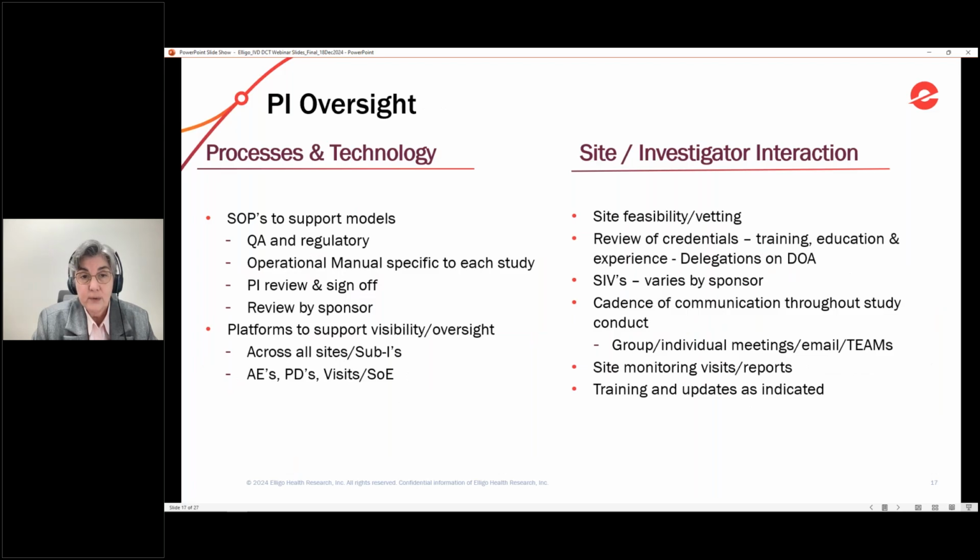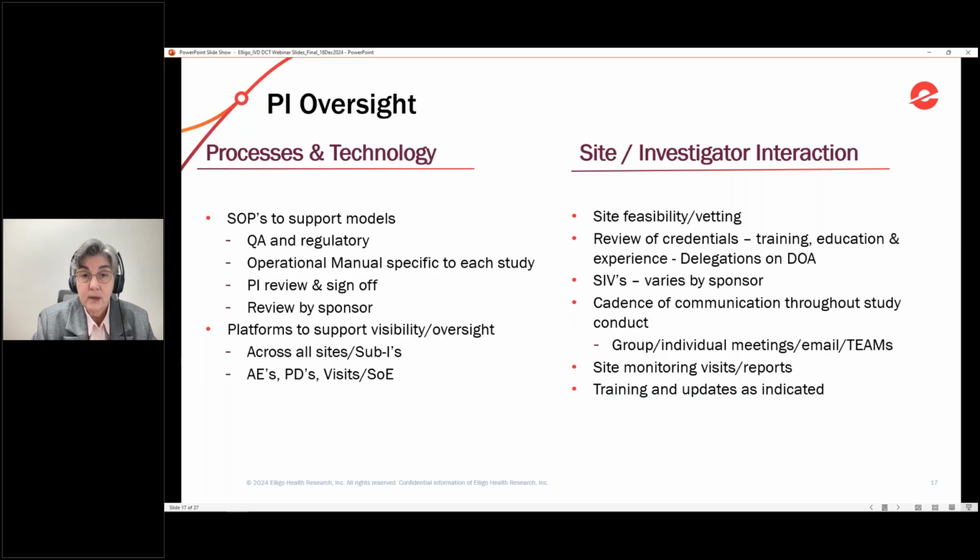It doesn't change at all what the regulatory requirements are or any of the steps that are required in a brick and mortar. So if you think about the fact you have SOPs to support a traditional model, you do have to really look and ensure that you have SOPs to support a decentralized model, that you have appropriate delegation of authority.